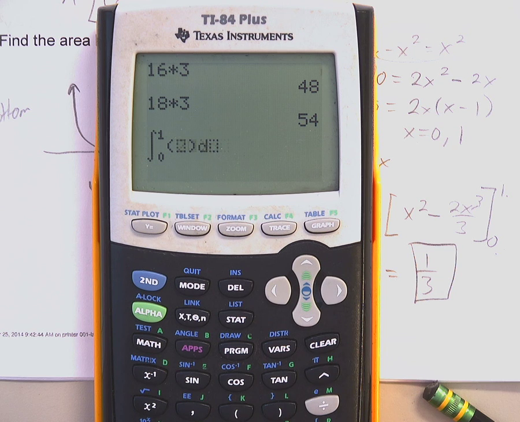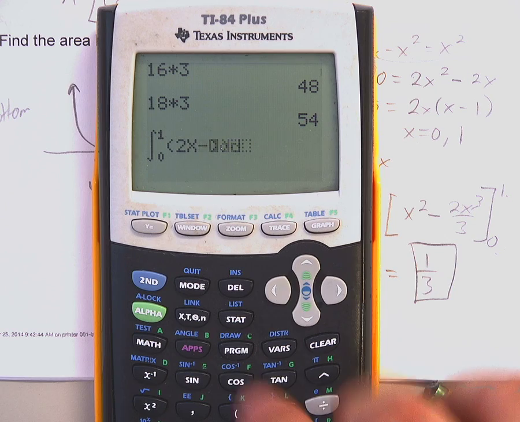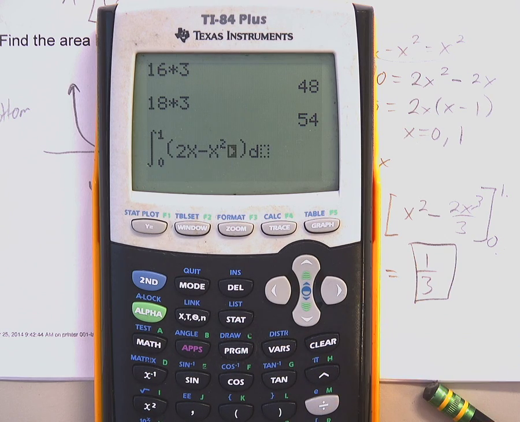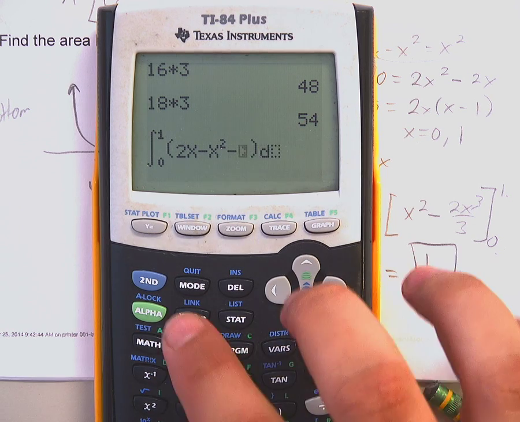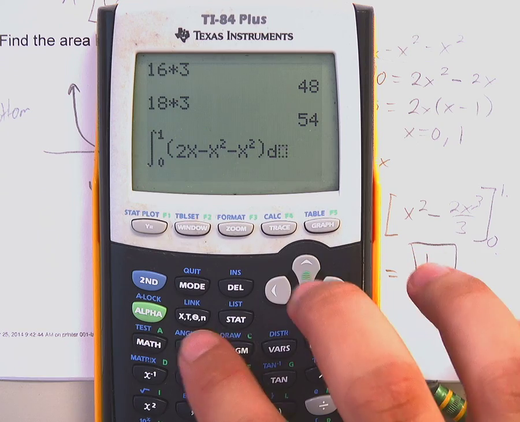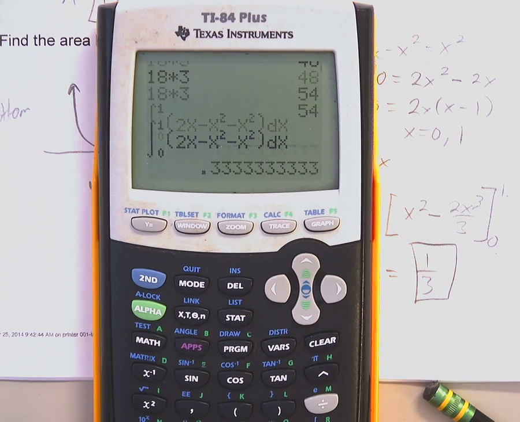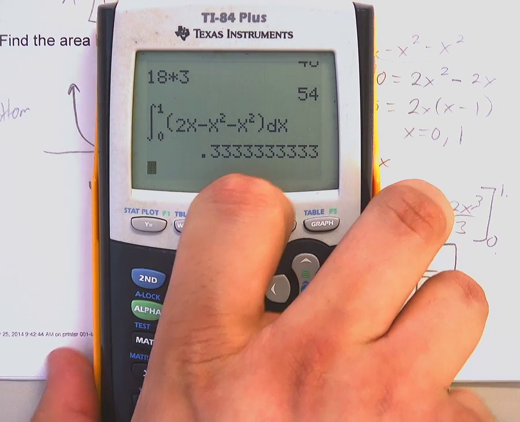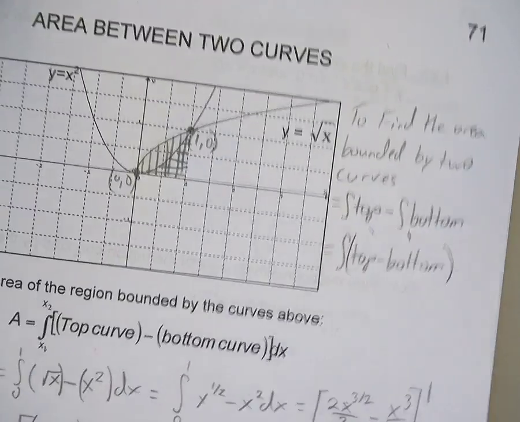And I can do 2x, and you can do the simplified version or you can do the regular version. If you want to do the regular, 2x minus x squared, and then minus x squared dx, 1/3. All right, so it can be done with the calculator, sure, why not?